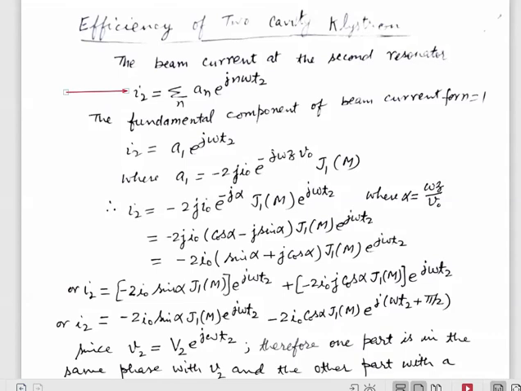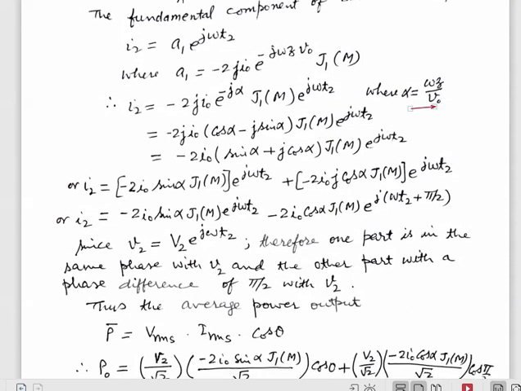So utilizing this expression of the a1 component in the expression for the current, we will find I2 equal to minus twice j I0 e raised to the power minus j alpha J1(m) e raised to the power j omega t2, where we have considered alpha as omega z upon v0.